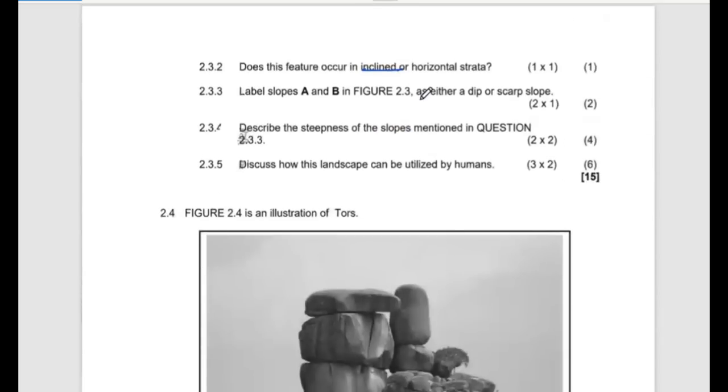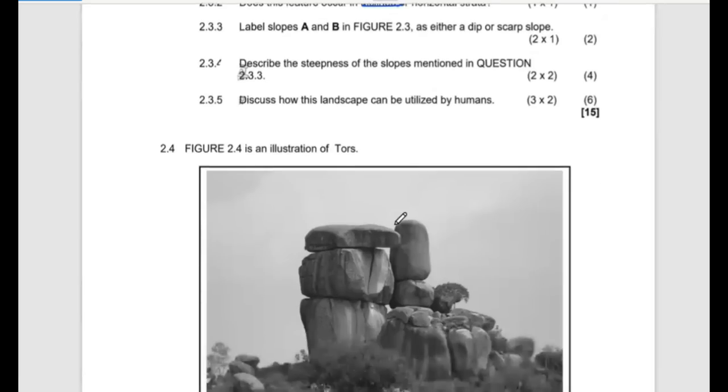Discuss how this landscape can be utilized by humans. We'll see how the basin can be utilized by humans. We are justifying the use of that landform by humans. We can talk of harvesting of water in the basin. It's probable that water can be harvested in the basin. And you can also talk of related activities to do with that particular landform.